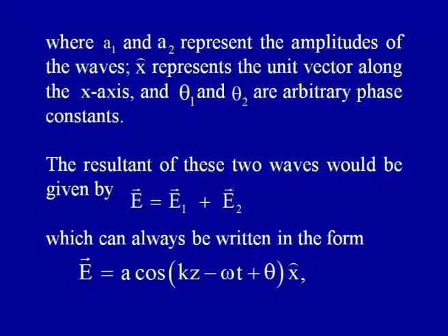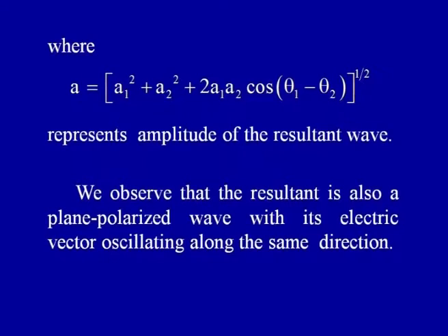Now, this can always be written in a form like this: E is equal to A times cos of kz minus omega t plus theta along the x axis naturally, where this A is given by the square root of A1 square plus A2 square plus twice A1 A2 times cos of theta 1 minus theta 2. This A represents the amplitude of the resultant wave, resultant of the superposition of the original two waves.